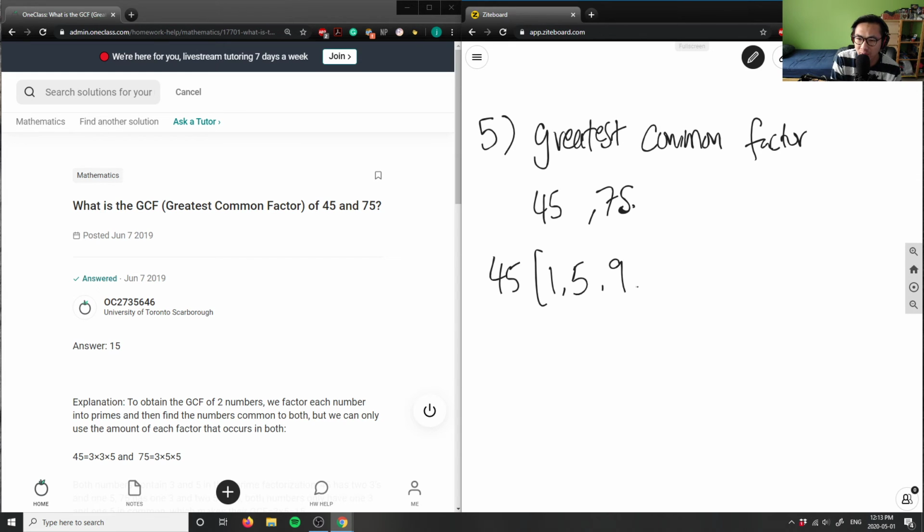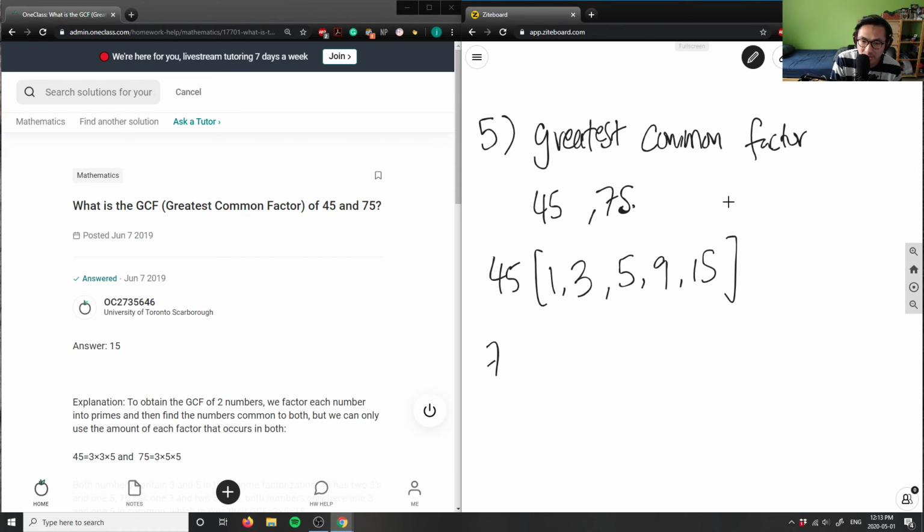I don't think that's it, actually. I think 15 also goes into 45, because 15 times 3 is 45. So 15 would be another factor. Let me just check. 15 times 3 is 45. I think 3 is also a factor, so I'm missing a 3 here. So 3 is a factor, 5 is a factor, 9 is a factor, and 15 is a factor.